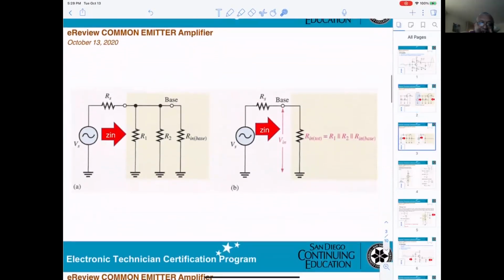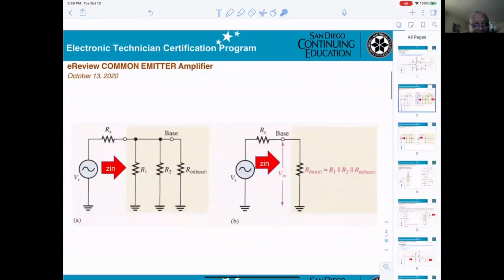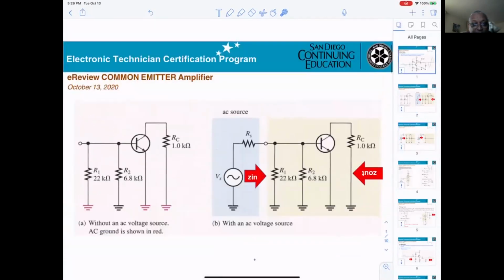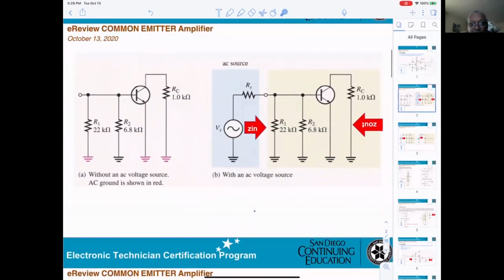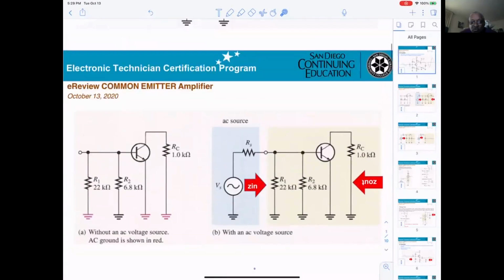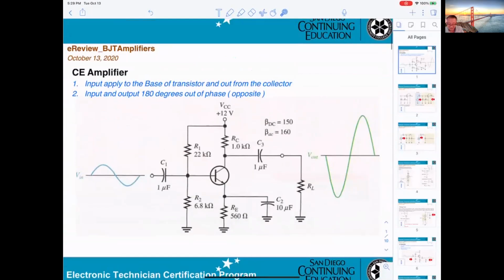Yes, sir. I was trying to unmute my mic. On that last one you did, the two resistors, R1 and R2, they're in parallel, right? So what are their functions again? Because they're in parallel? Hold on.